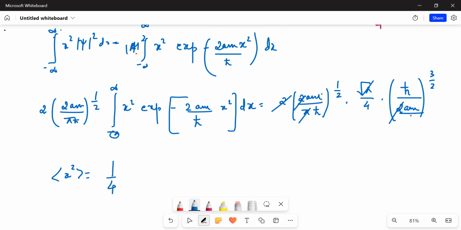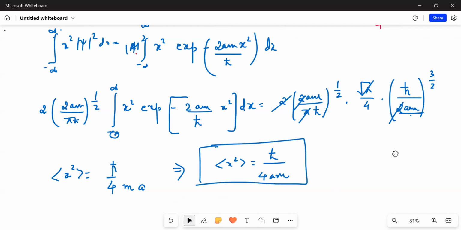This root m is there, and this m is raised to power 3 by 2, so 1 over m survives below. This a is raised to power 1 by 2, and this a is raised to power 3 by 2, so 1 over a also survives. This h is raised to power 1 by 2, and this is h raised to power 3 by 2, so h cut survives. So overall, I can write that the expectation value of x squared would be h cut upon 4 a m.